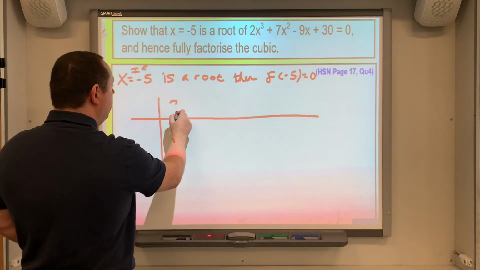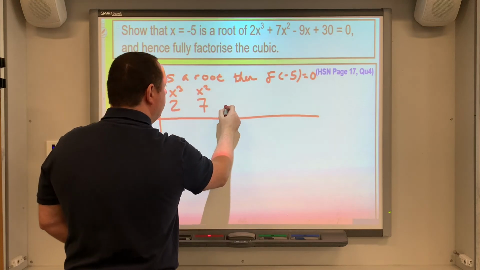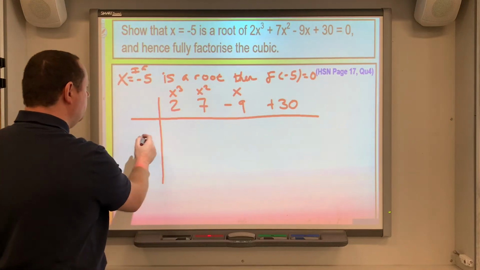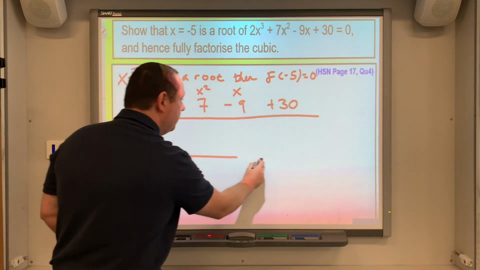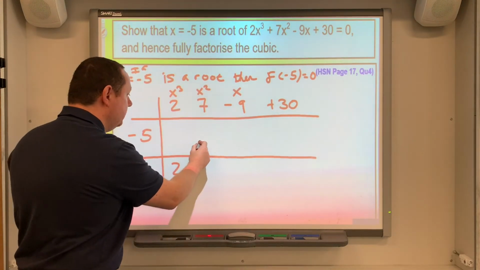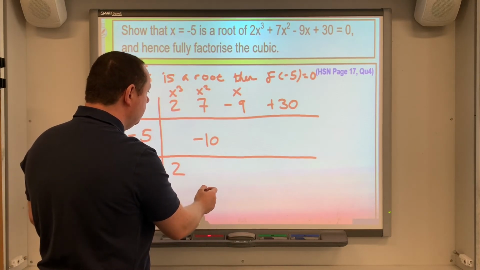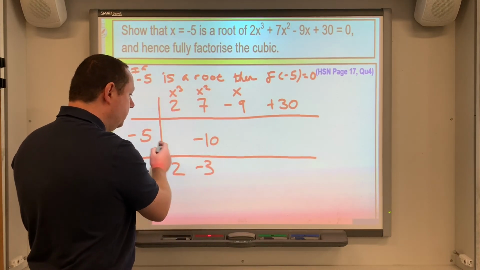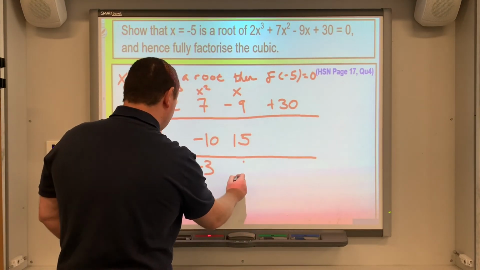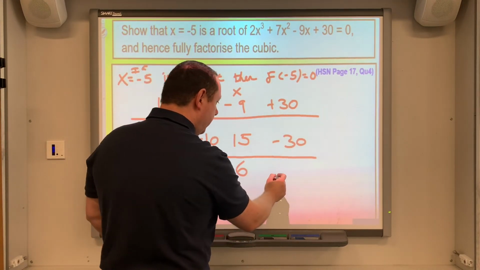We have got 2x cubed, 7x squared, minus 9x, and plus 30, and we're substituting minus 5 in. So we'll drop the 2 down. 2 times minus 5 is minus 10. Minus 10 and 7 is clearly minus 3. Minus 3 times minus 5 is 15. 15 minus 9 is 6. 6 times minus 5 is minus 30. 30 and minus 30 is 0.